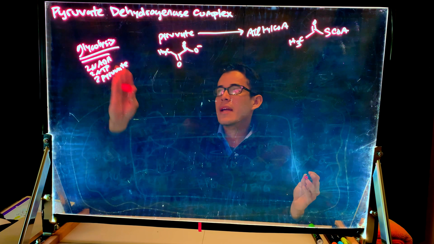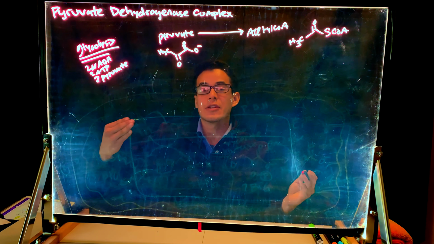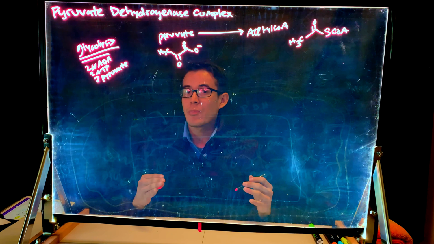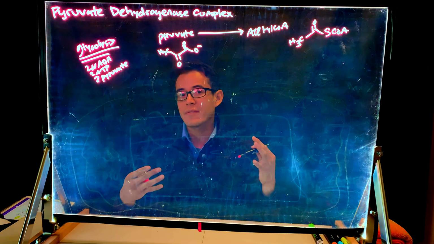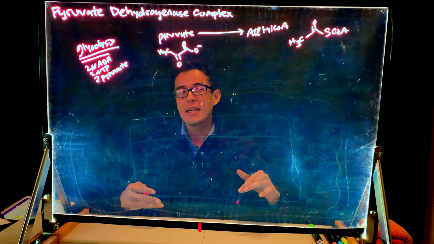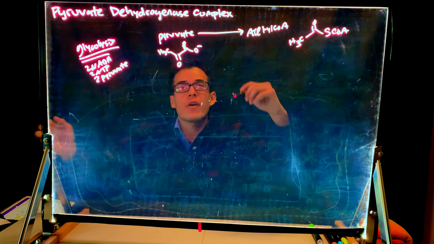Now, the way we can do that is through this enzyme called pyruvate dehydrogenase complex. Within that enzyme, there are different components. We have a lot of cofactors, and we have 3 different regions known as E1, E2, and E3 that are utilizing these different cofactors.